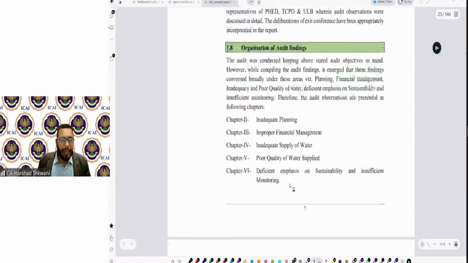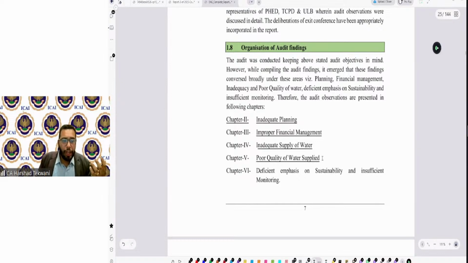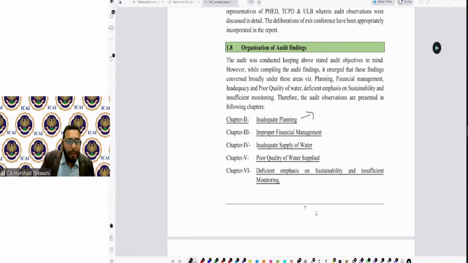My observations can be related to inadequate planning, improper financial management, inadequate supply of water, poor quality of water supplied, deficient emphasis on sustainability and insufficient monitoring. So first point, inadequate planning. If your planning is not appropriate, you are not giving economy.